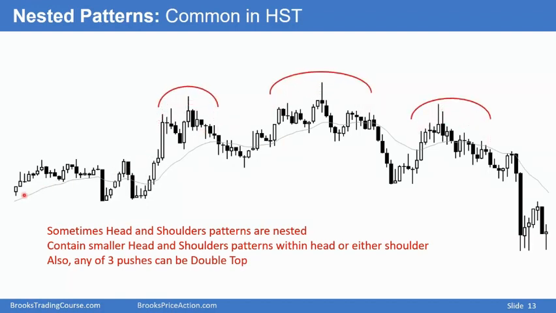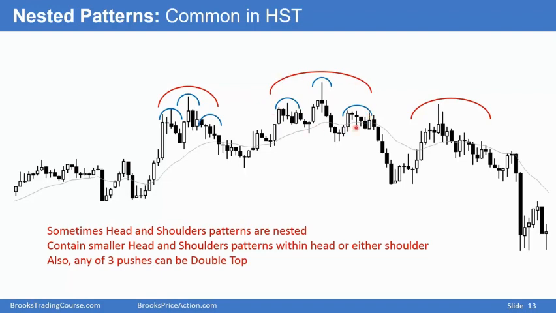Here we have a head and shoulders top, a weak bull trend, left shoulder, head, right shoulder. But look at that left shoulder. Within it, there's a smaller head and shoulders top. Hard to see the right shoulder, but there it is. And look at the head. Left shoulder, head, right shoulder.